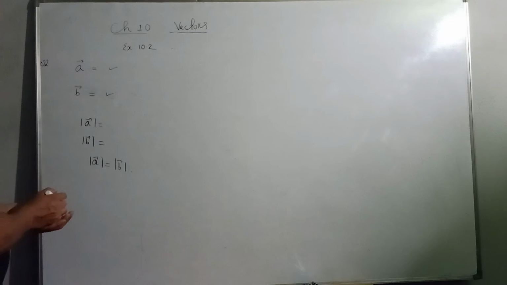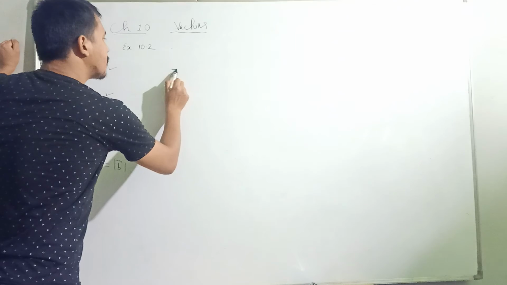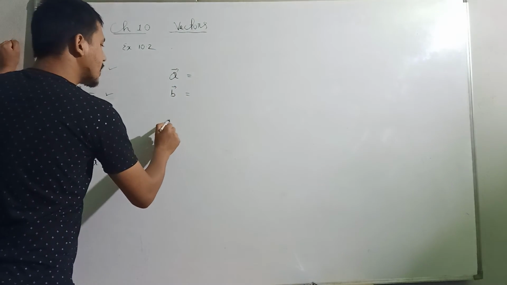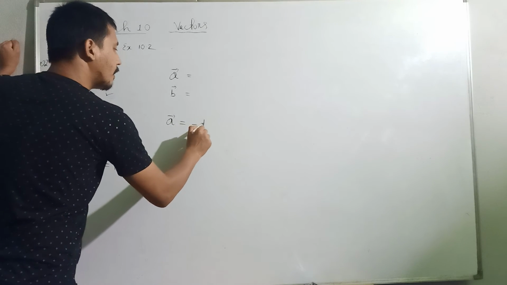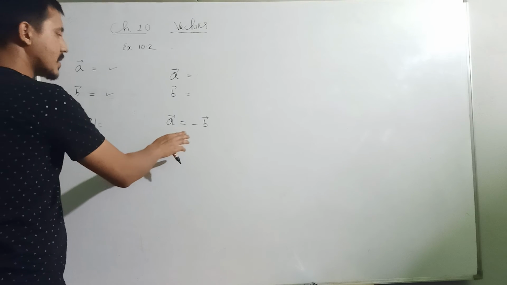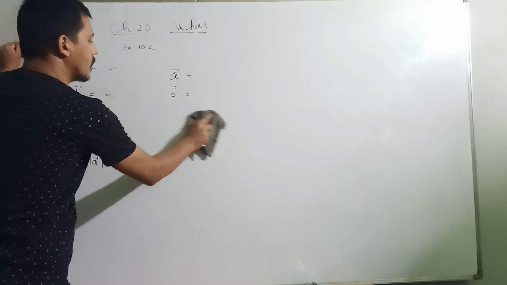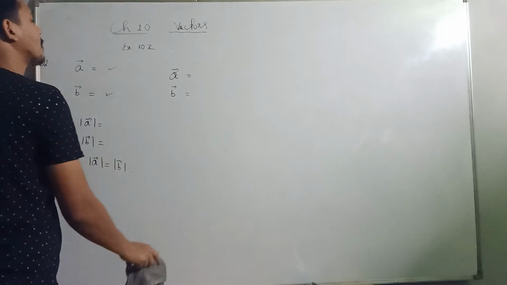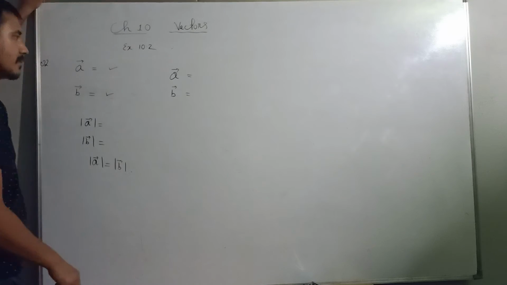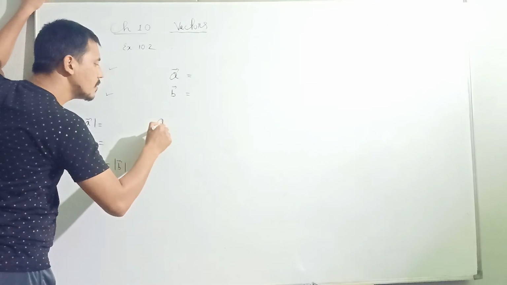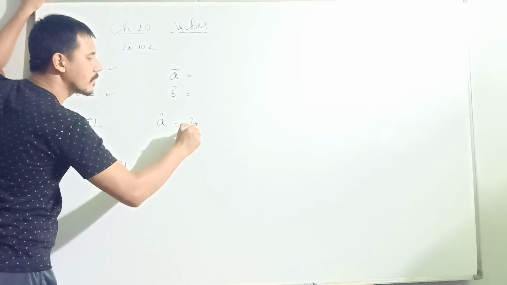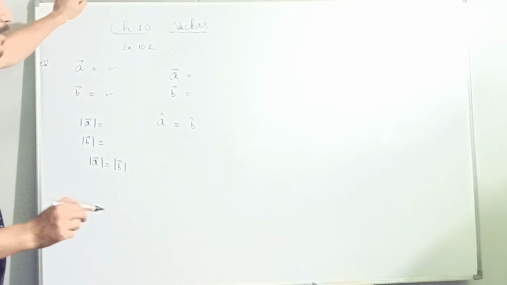That means you have to choose vector A and B such that the unit vector of A should be equal to the unit vector of B. I can give you that example.